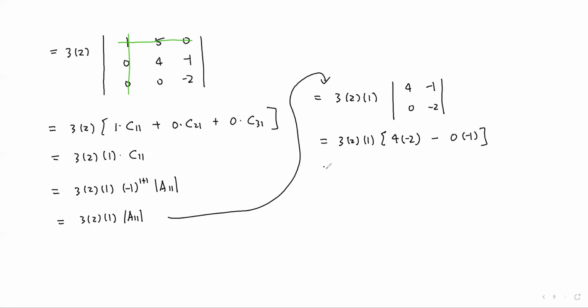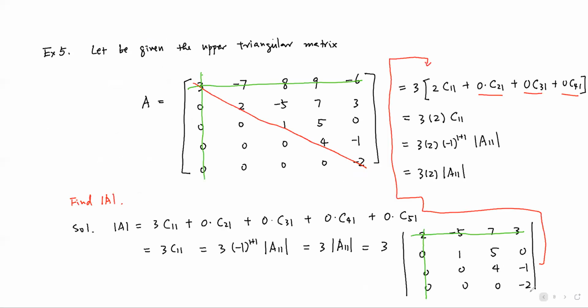So the answer is 3 times 2 times 1 times 4 times negative 2. Go back to the original matrix: 3, 2, 1, 4, negative 2. It turns out that they are the entries on the main diagonal.